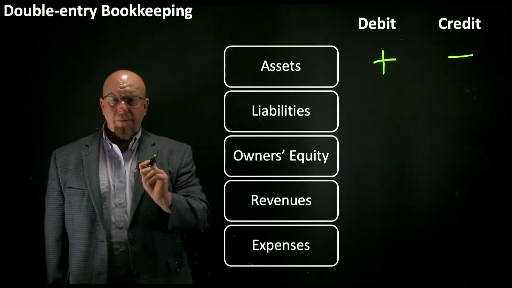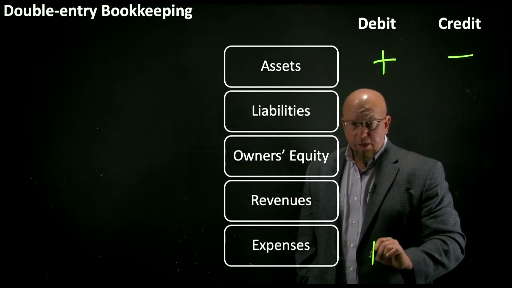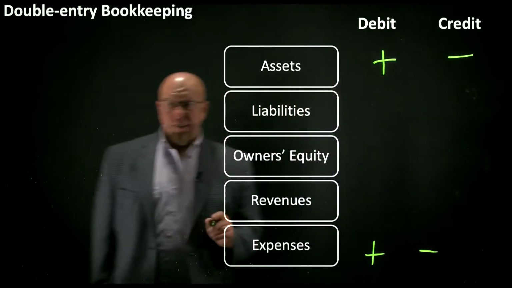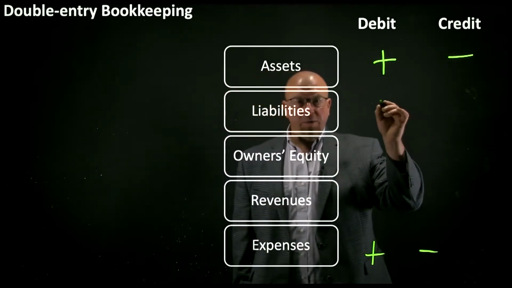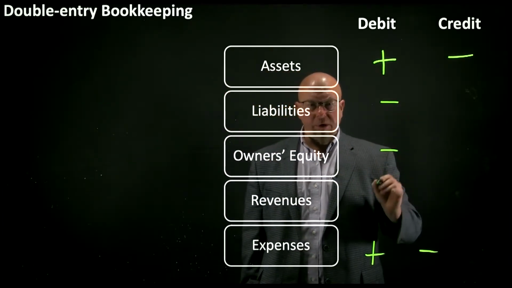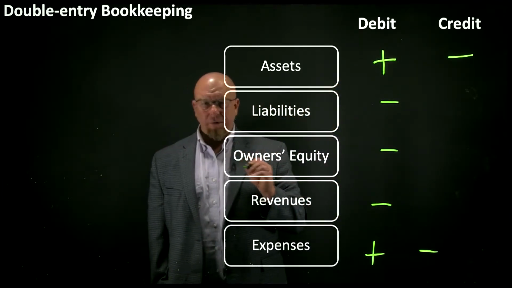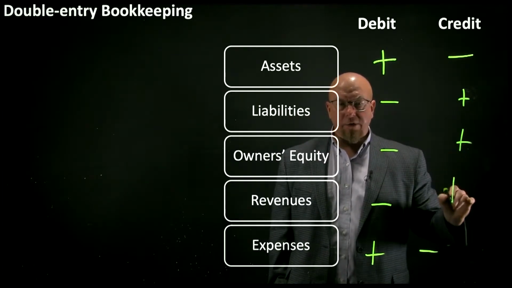So if you know what happens to assets, then you can come down here and remember that expenses behave the exact same manner and everything else is the opposite. So liabilities, owner's equity, and revenues, they decrease when you make a debit entry, and they increase when you make a credit entry.